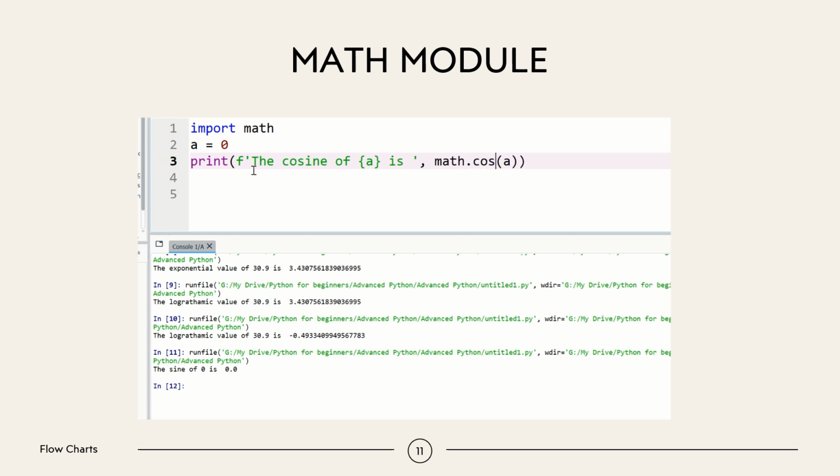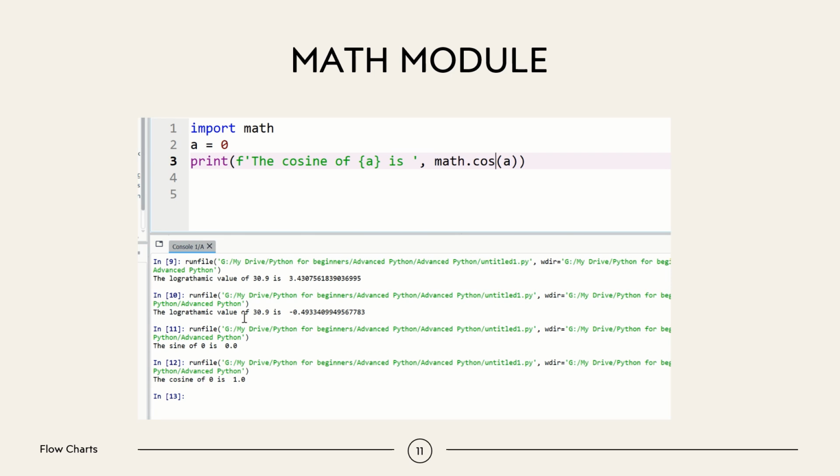Cosine of 0 will be 1, right? Yes. So these are the basic trigonometric functions, logarithmic functions, exponential functions. All these functions you can use from the math module and you can get the relevant values.